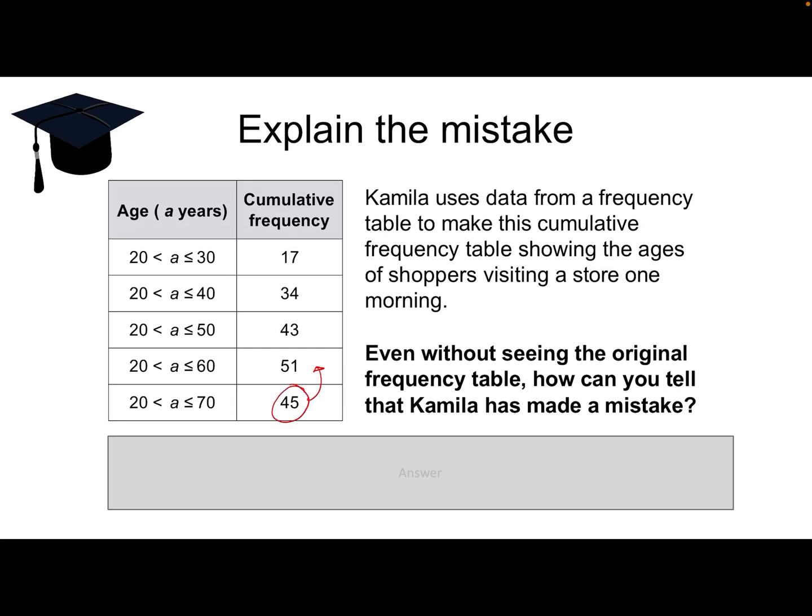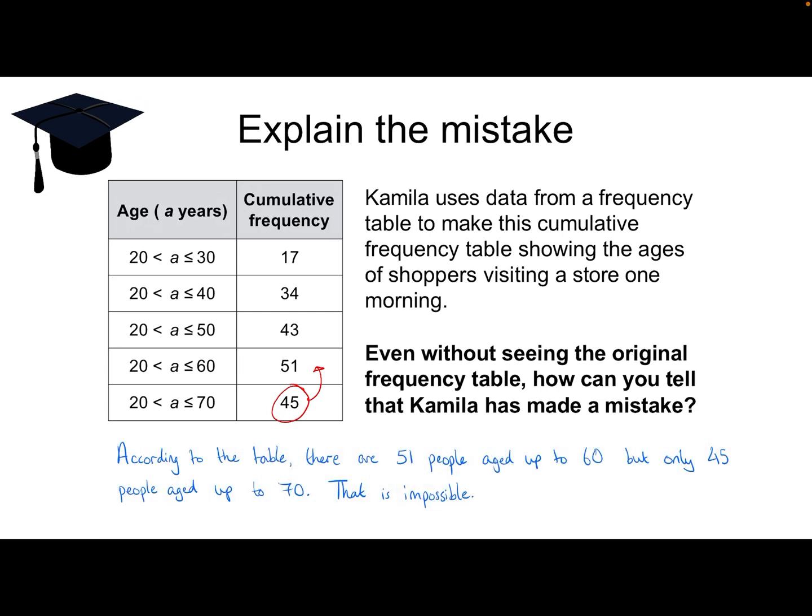How can that be the case when the way you do cumulative frequency is you add on as you go? So that 45 can't be right. There can't be 45 people between 20 and 70 and 51 people between 20 and 60. Just a mathematical impossibility. Okay? So according to the table, there are 51 people aged up to 60, but only 45 people aged up to 70. It's just not realistic. It's not possible.